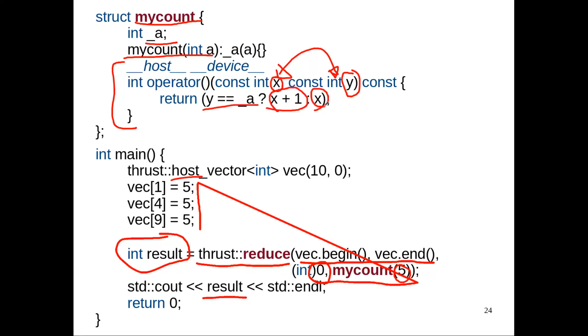And that finally goes on incrementing the value of the result of this reduce, and you get the correct value at the end of this invocation. So it's a little complicated for some of you, I know, but try this out and you'll be able to get it. Any questions on this?